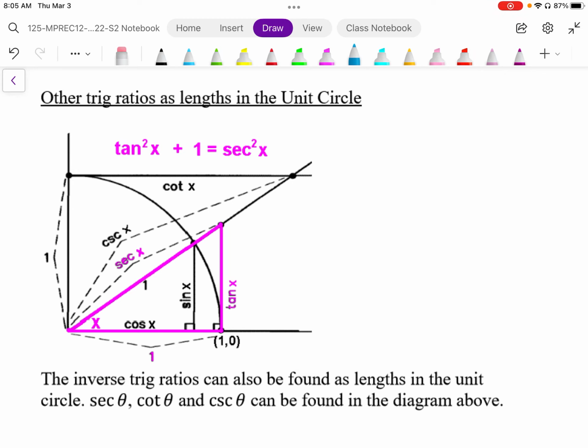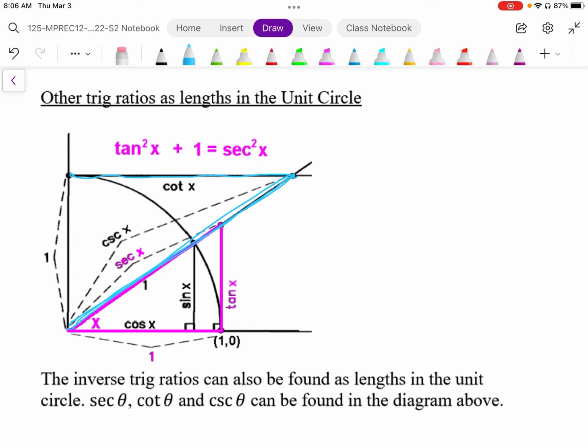The cotan ratio shows up as this length here from the horizontal length. It's kind of equivalent to tan, but it's the horizontal length instead of the vertical length. The cosecant then is the hypotenuse of that triangle, the length from the center to where the cotan meets. And then we talked about the secant and tan.